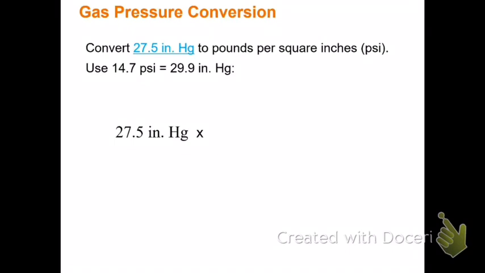You put inches of mercury in the denominator and the PSI up top, which is the unit that we want. Inches of mercury will cancel out, and then you just multiply 27.5 by 14.7 and divide that whole thing by 29.9, and we get 13.5 PSI.